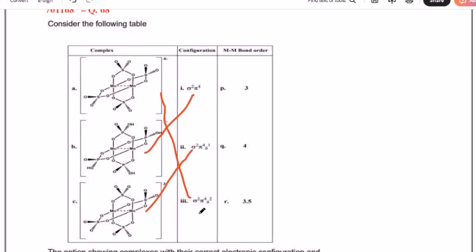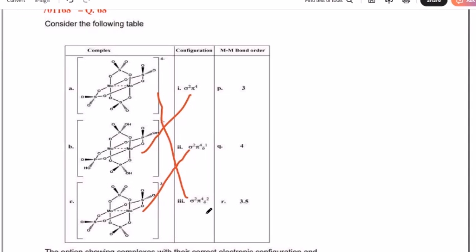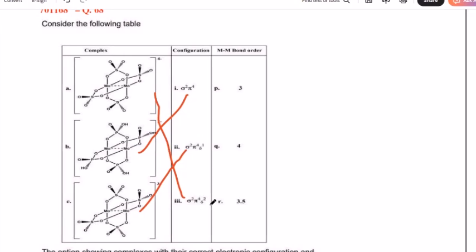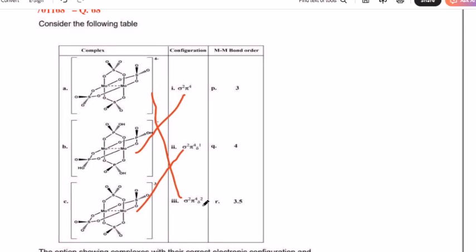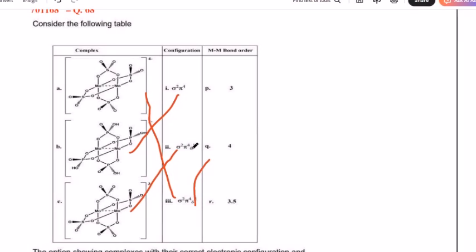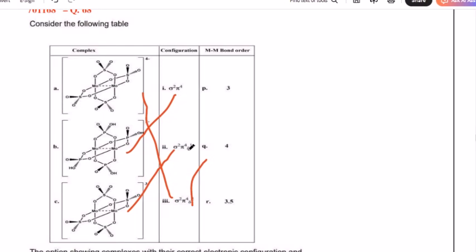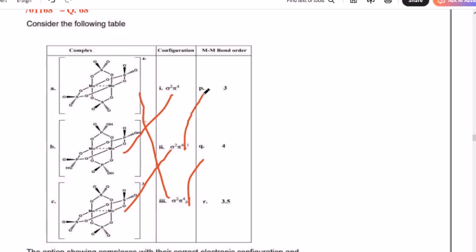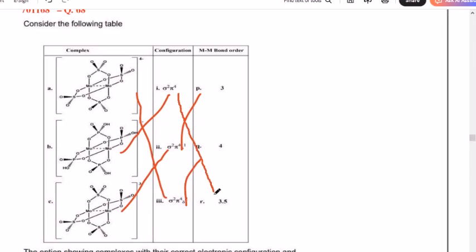Whereas 1 is going to be sigma 2 pi 4, right, delta 2 is going to be Q, that is 4, right? So this is going to be P and this is going to be R.